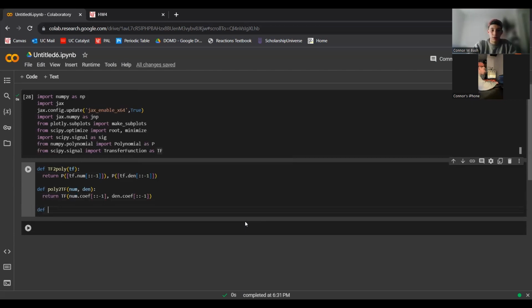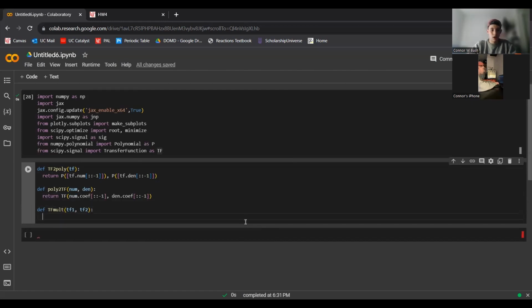And then if we want to multiply transfer functions, we'll call that TF mult. We need two transfer functions. So TF1, transfer function 1, TF2, transfer function 2. So what we're going to do here is we're going to get the numerator and denominator of the first transfer function.